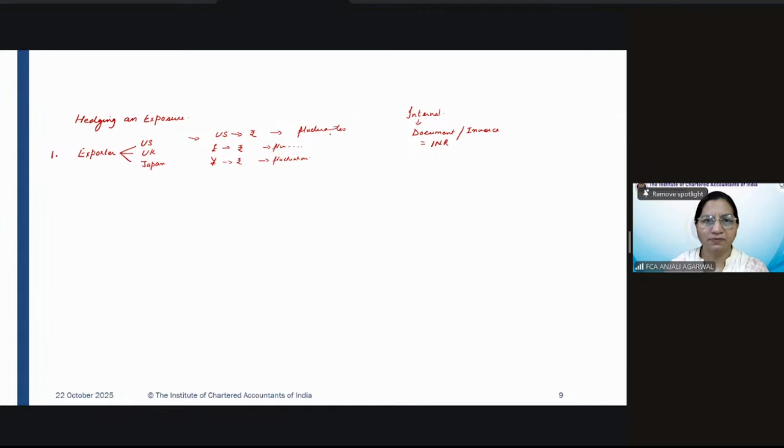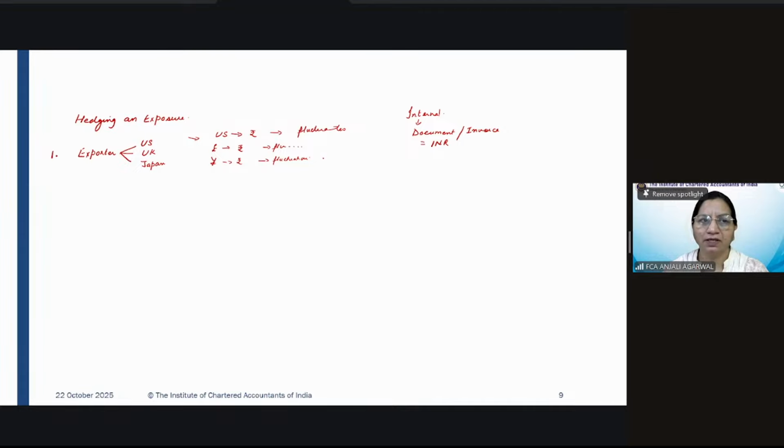So whatever I'm exporting, I'm telling the US importer to pay these many rupees. I'm telling the UK importer, you have to pay these many rupees. Similarly, I'm also asking the Japanese importer to make a certain payment in rupees. So whatever the invoice has been raised, the invoice has been raised in my home currency. So I don't have to worry about any exchange rate fluctuation.